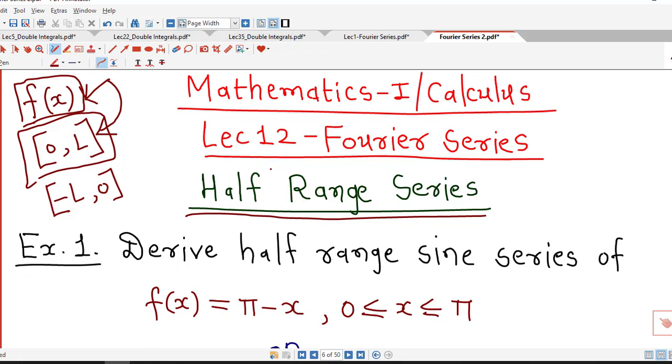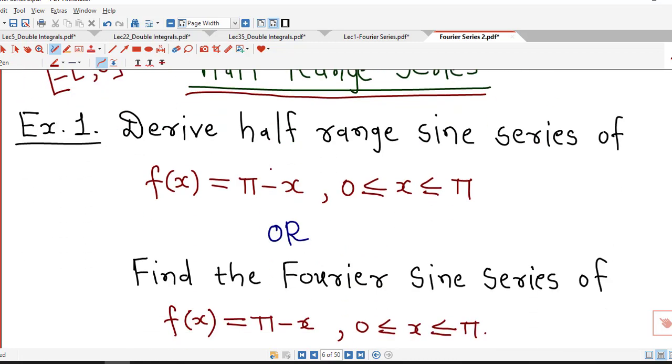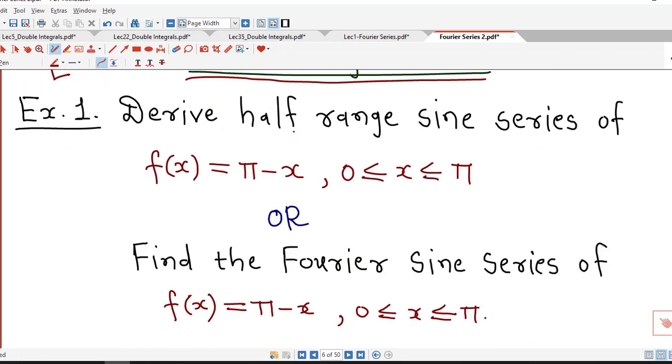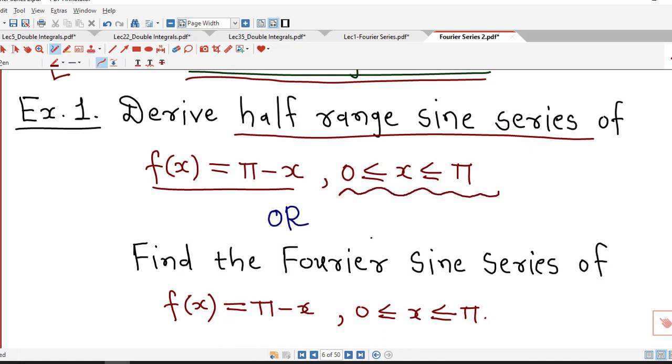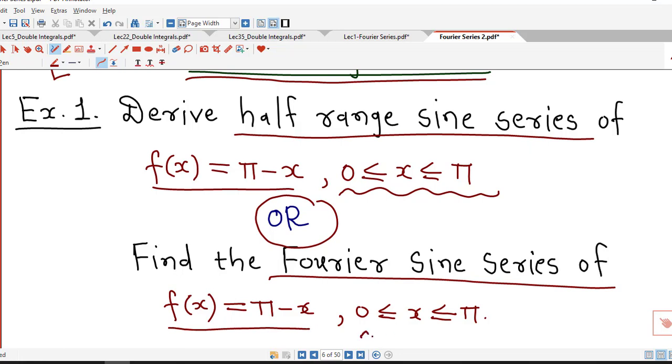So in this example we are asked to derive half range sine series of this function pi minus x over the interval 0 to pi, or we can be asked in this way also: find the Fourier sine series of f(x) equal to pi minus x in this half interval.